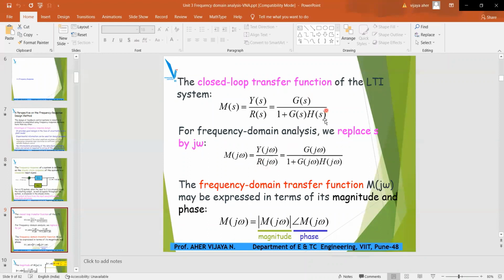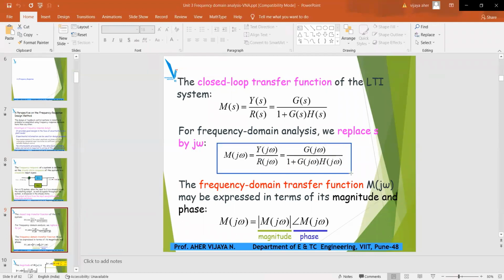now in this equation, just replace S by J omega. So you will get the transfer function equation for closed loop in frequency domain analysis: M of J omega is equal to G of J omega divided by 1 plus G of J omega into H of J omega.